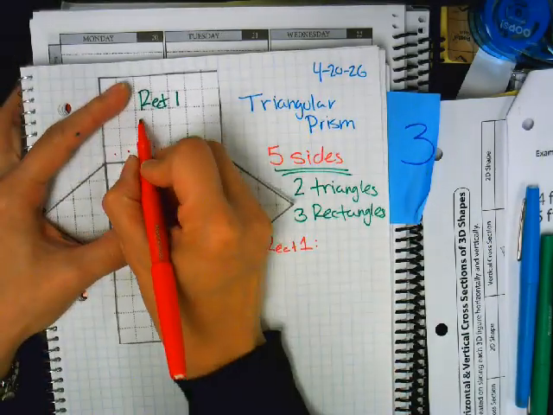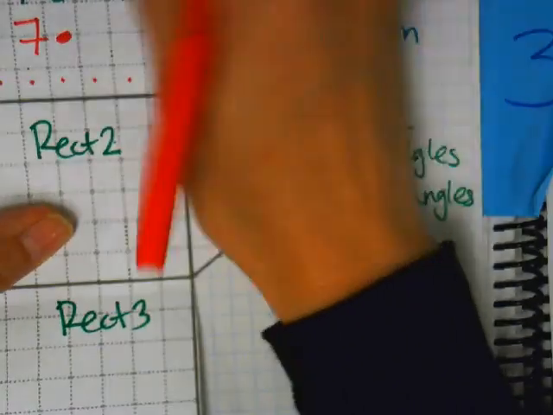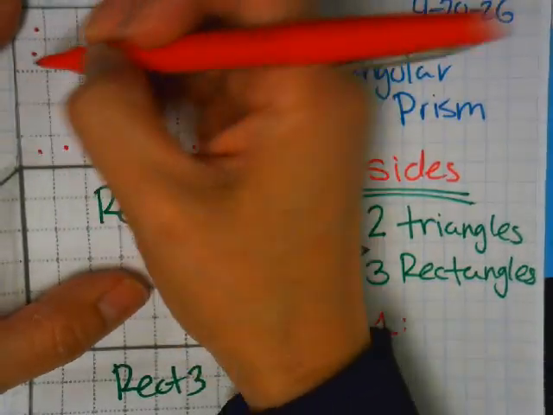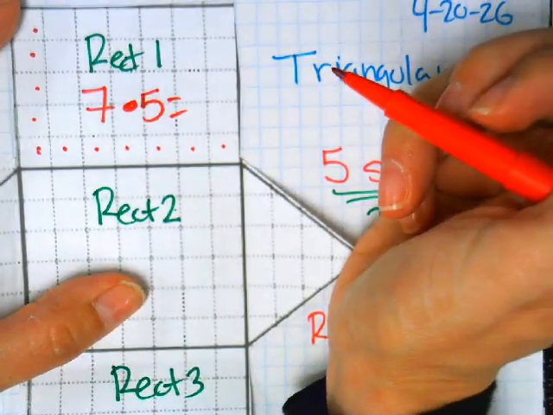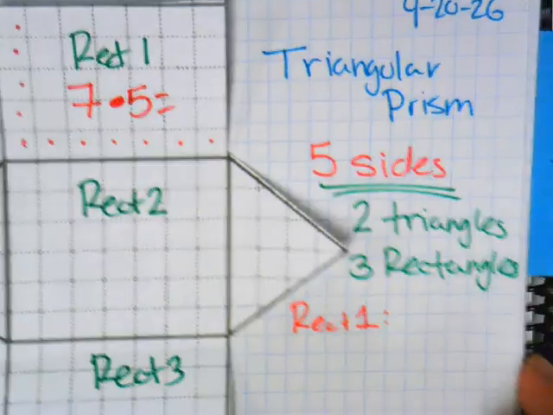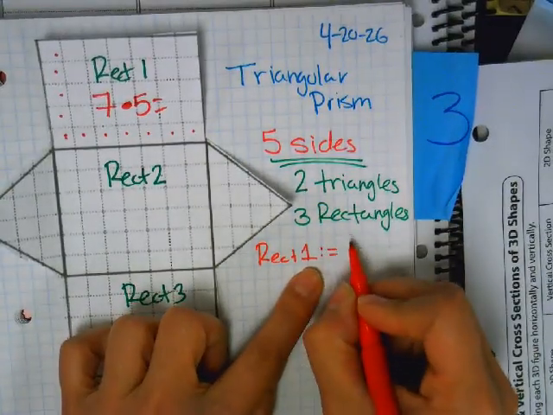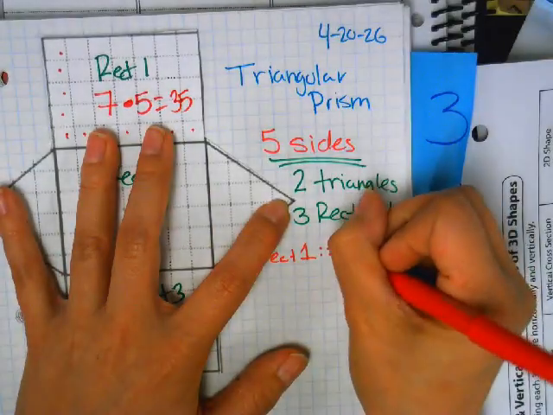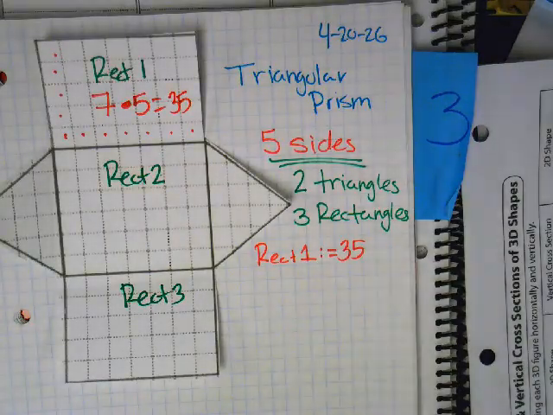So I'm going to take 7 times, what's the height of my rectangle? 1, 2, 3, 4, 5. So it would be 7 times 5. What is 7 times 5? 35. So rectangle 1 is equal to 35.